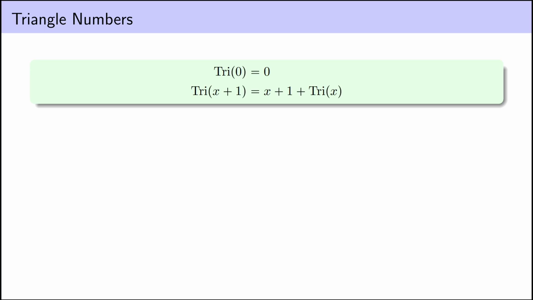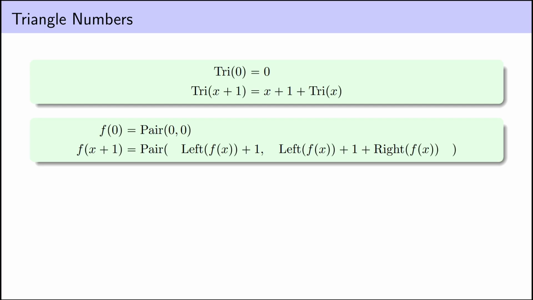Perhaps it would be easier to see this with a specific example. Let's consider the basic primitive recursive function that calculates the nth triangle number. Note that this definition here is not pure iterative. The update function needs access to not just the previous value of tri, but also access to x, and pure iteration doesn't allow that.